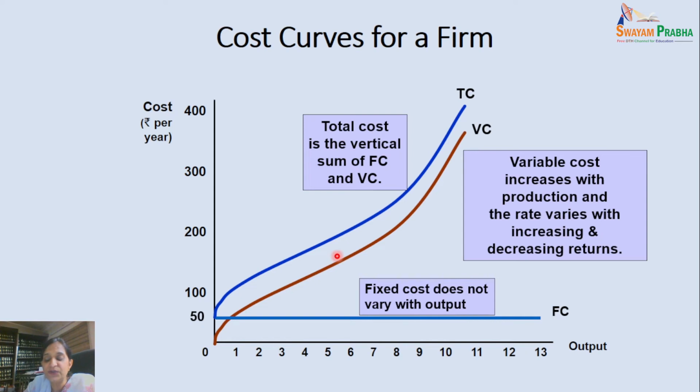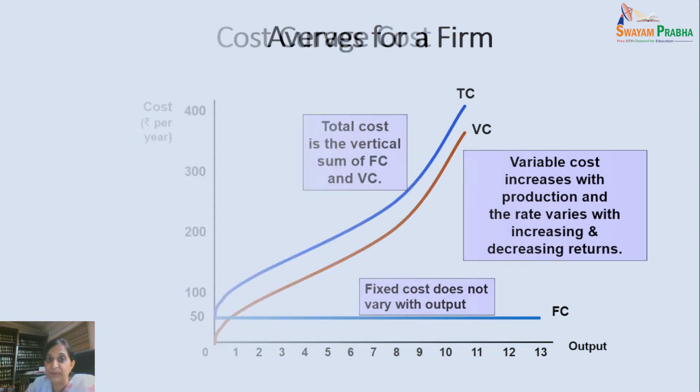So these are the three curves: TFC, TVC and TC, and their behavior with the level of output. Remember, when we are talking about variable and fixed cost, we are talking about a short-run situation where one input is variable and the other input is fixed.